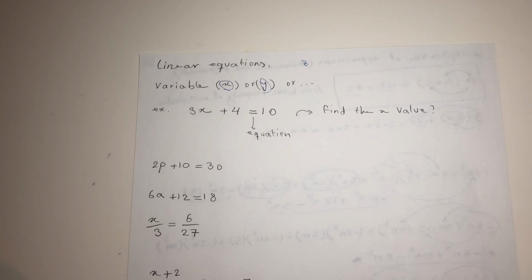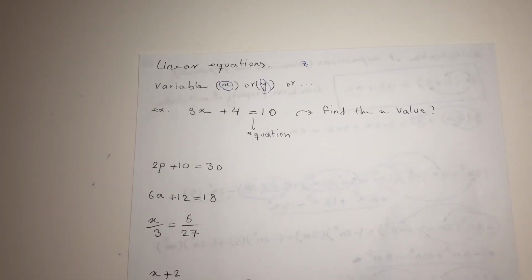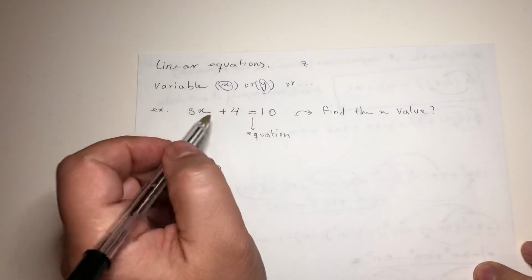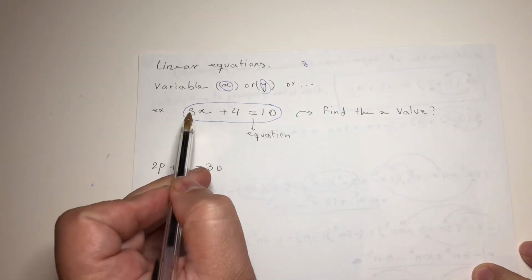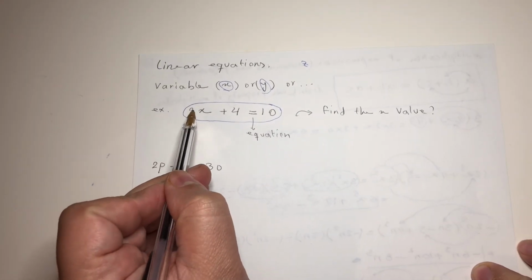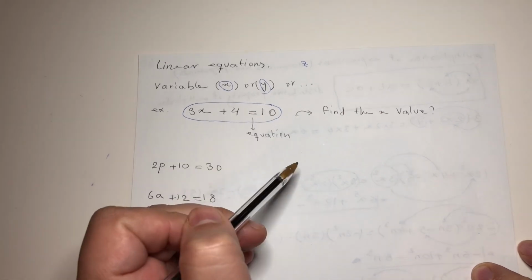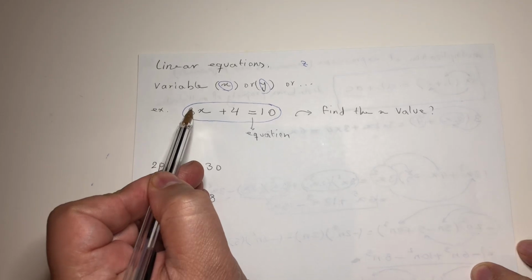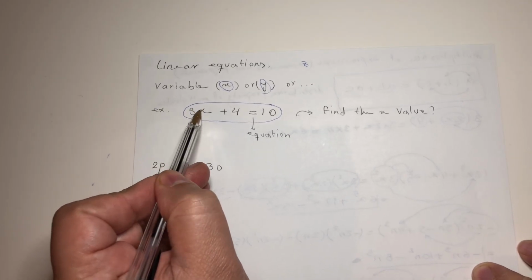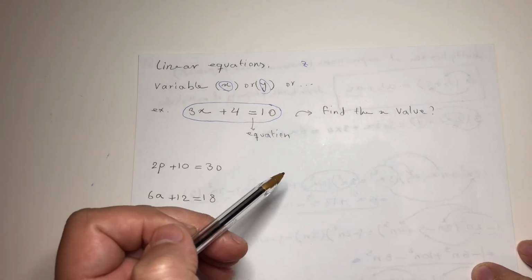If we have an equation, then we can find that number based on the information that we have. For example, look at this equation that I've written here. If we want to interpret this, we say 3 multiplied by an unknown number plus 4 is 10. What is the unknown number? So basically, what is the number that if we multiply it by 3 and add 4, we'll get 10?